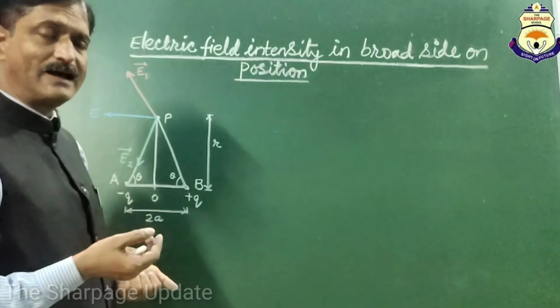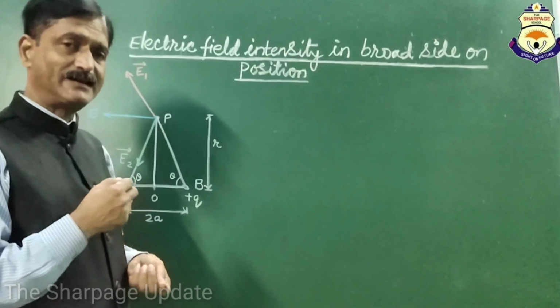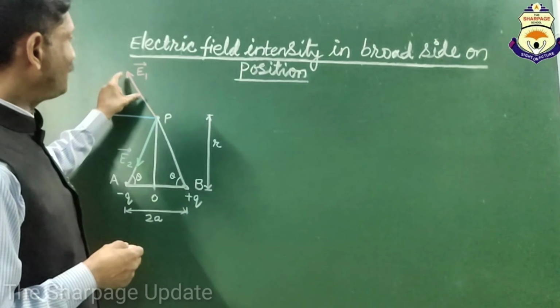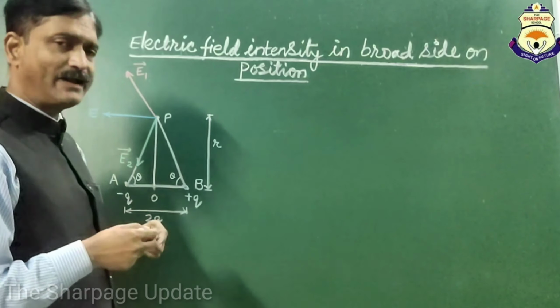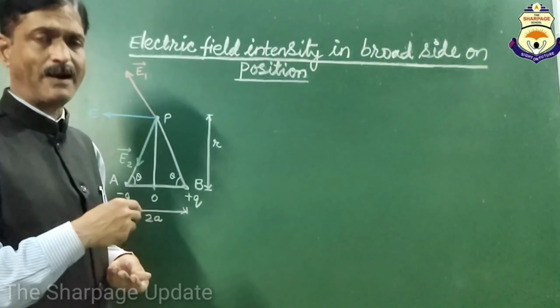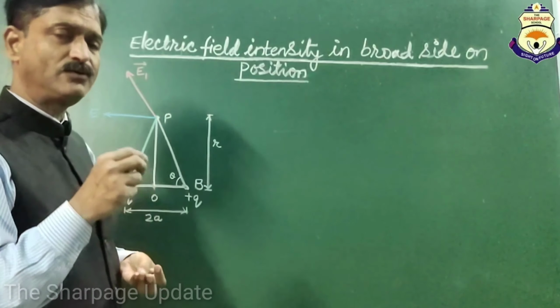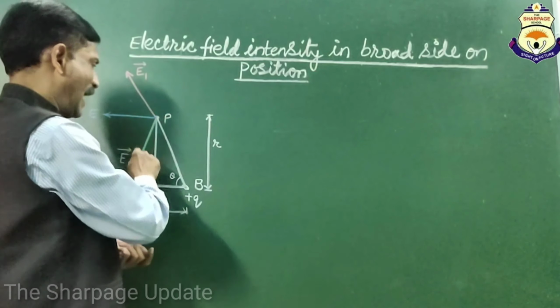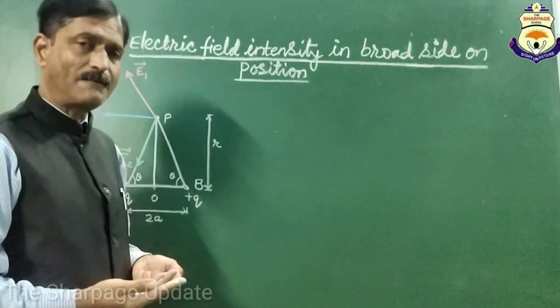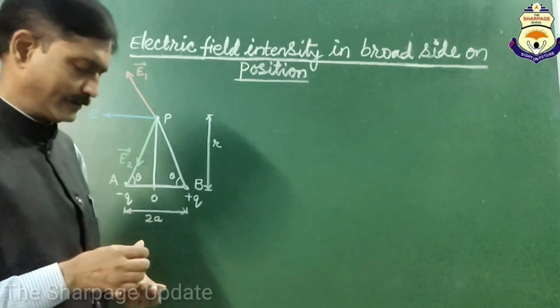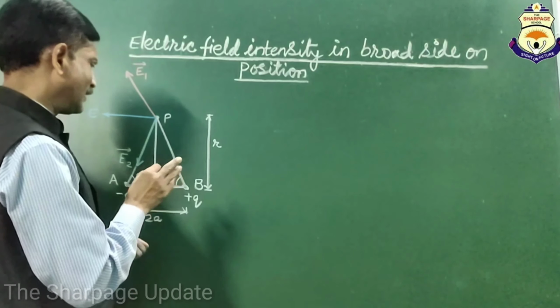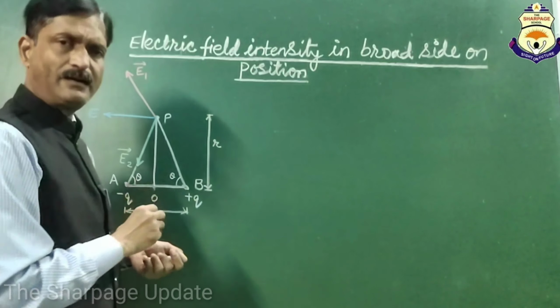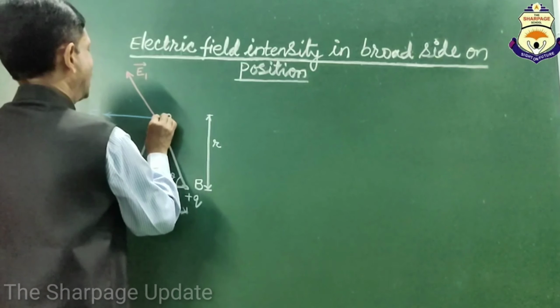For finding the resultant of this electric field intensity, we have to resolve E1 and E2 into two components perpendicular to each other. Means we have to resolve E1 and E2 into a vertical component and a horizontal component. So the vertical component of E1 will be in this direction.